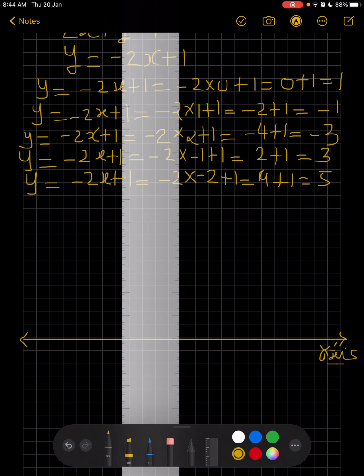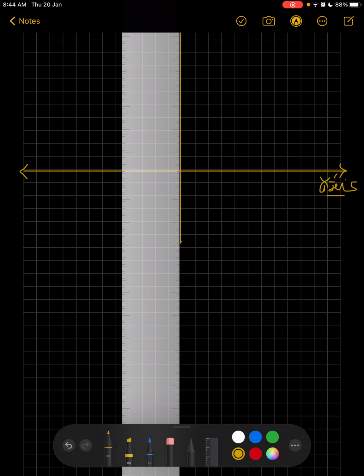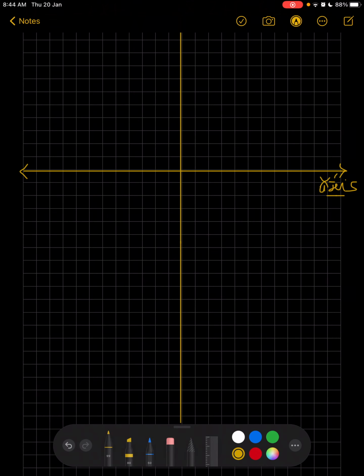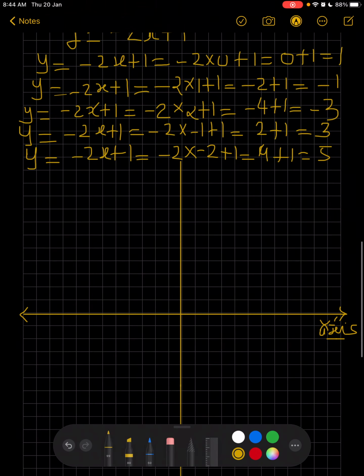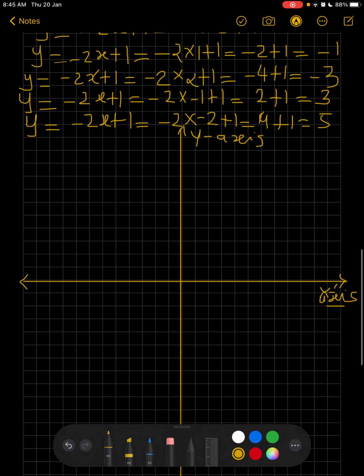Let us draw y-axis now. I'll call it y-axis. I'll show numbers in the middle.